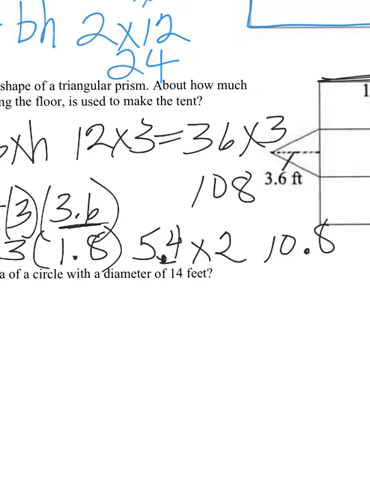So you're going to add the 108 and the 10 8/10, make sure you line up your decimals, and you get 118 8/10 feet squared for the total surface area of the tent.